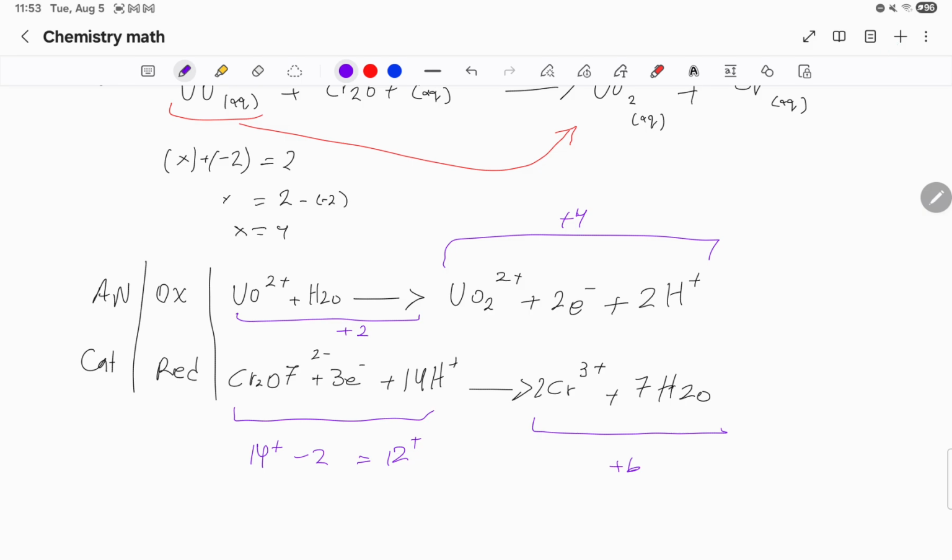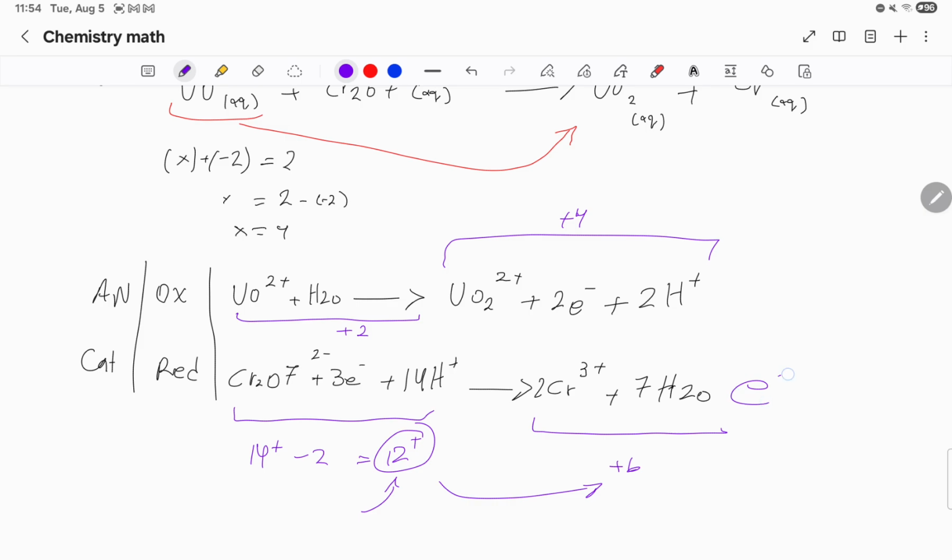We want to balance the charges with electron number. So how do I make this side go from +12 to +6 with respect to the reduction half reaction? Because the third step is to balance using electrons. Balance the charges using electrons.